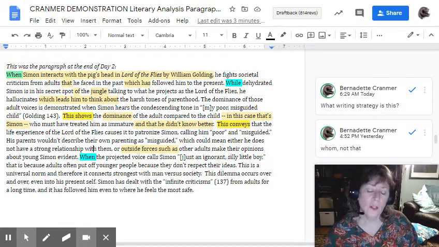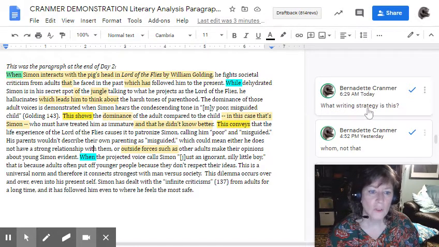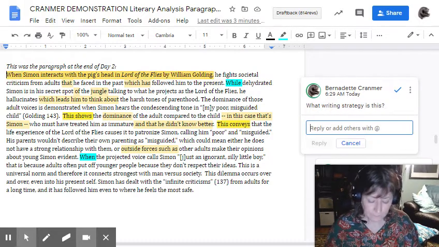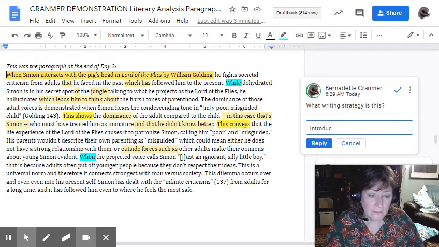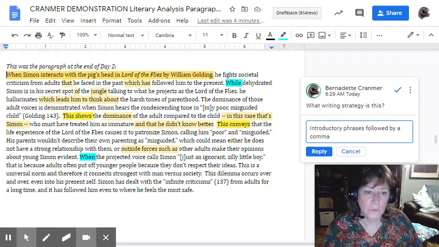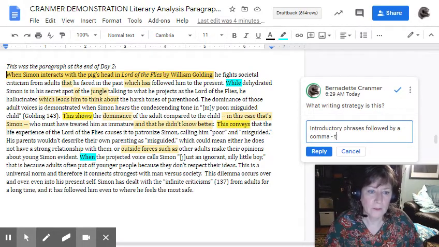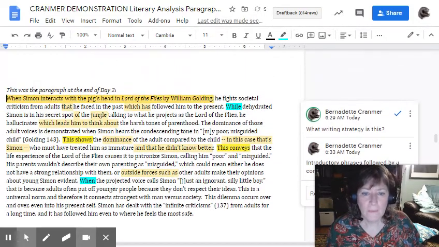So they're all phrases that have to do with time that have to be followed with a comma, temporal clauses. Okay, so our writing strategy: these are introductory phrases followed by a comma. These all happen to have to do with time. They're about time. Okay. Now, if I want to leave that comment there, I can.